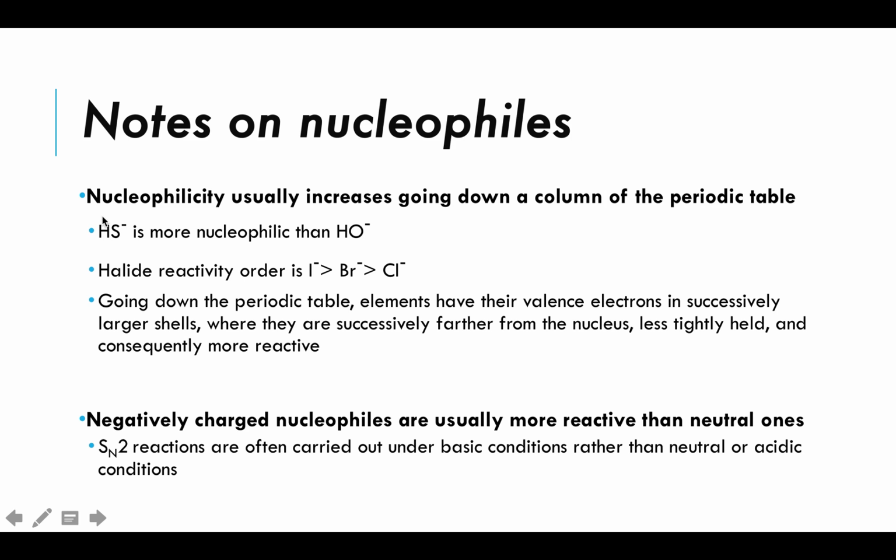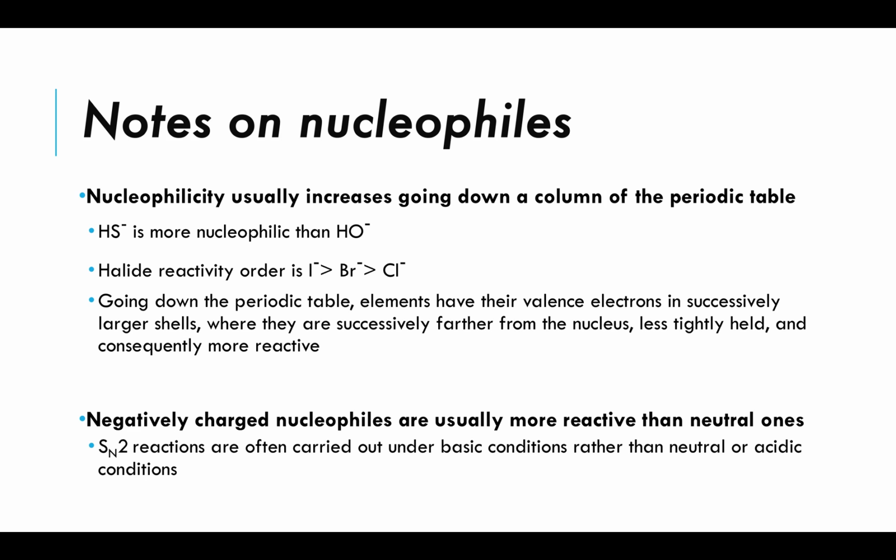Sulfur is bigger than oxygen, so it has a less concentrated charge. But because hydroxide has a very concentrated charge, it tends to be a lot more basic, so it will rather grab a proton. Okay, the hydrogen sulfide ion, however, because it has such a large electron cloud, has a negative charge that is a lot more stable.